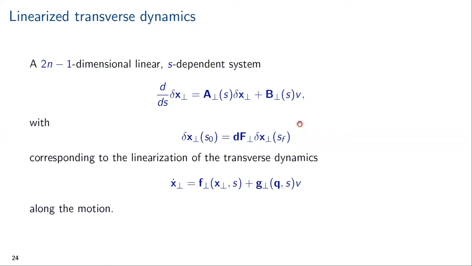More on this in the paper, but what we do is design a controller V which stabilizes this linear system, which varies with s, and which is subject to this map at the end of the orbit. Then we can use well-known control strategies in order to solve this problem.